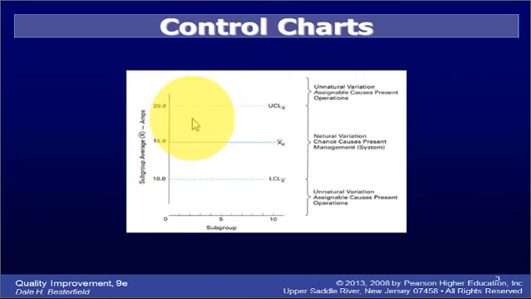If every subgroup has a mean between the upper control limit and the lower control limit, that means there is only natural variation. We call this chance causes, the expected variations in your samples. If some samples fall beyond the UCL or LCL, that is below the lower control limit or above the upper control limit, it may indicate some assignable causes.